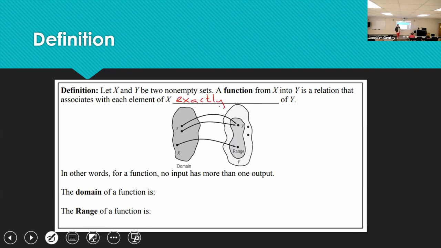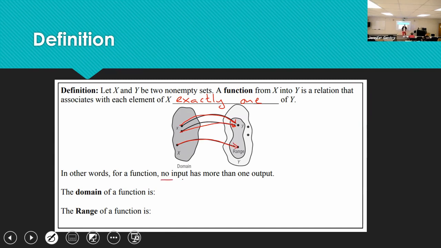Does that make sense? Here we've got our amoeba of X's, and here we've got our amoeba of Y's. For each x, there is one and only one value for y. Otherwise, it's not a function. Okay? No input has more than one output.